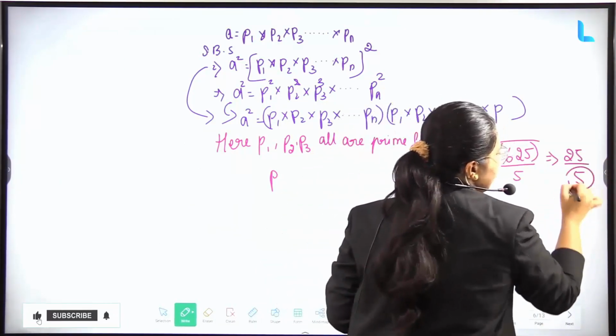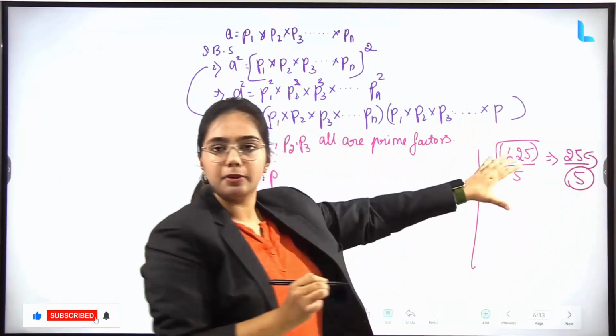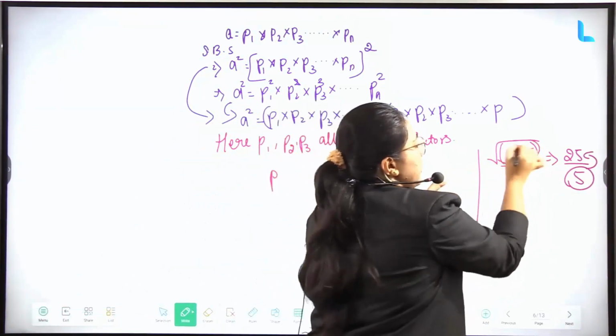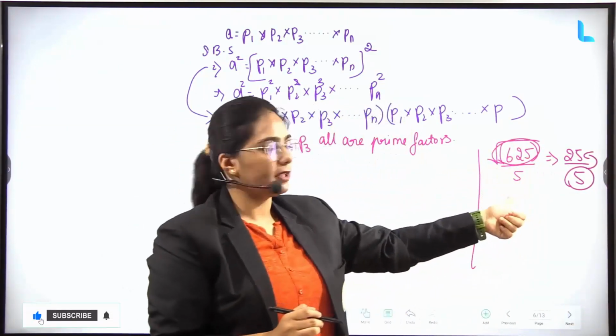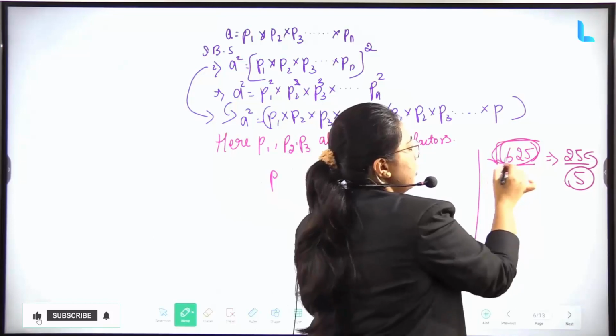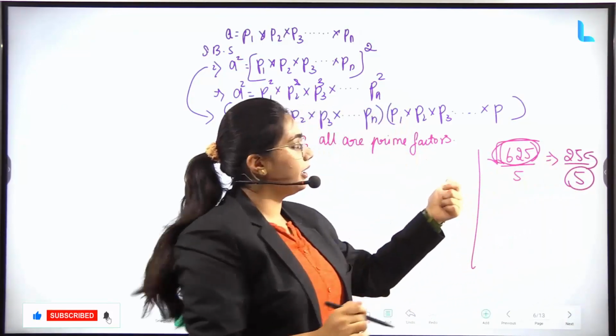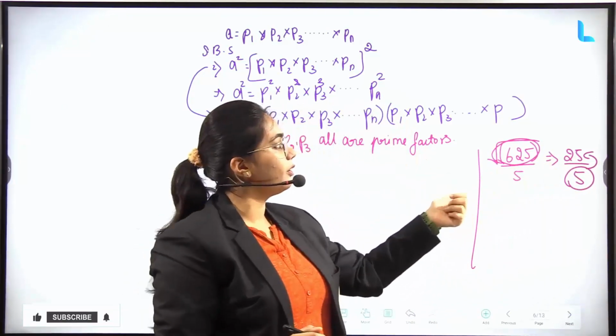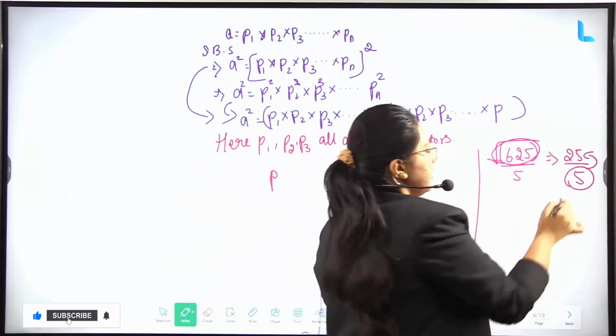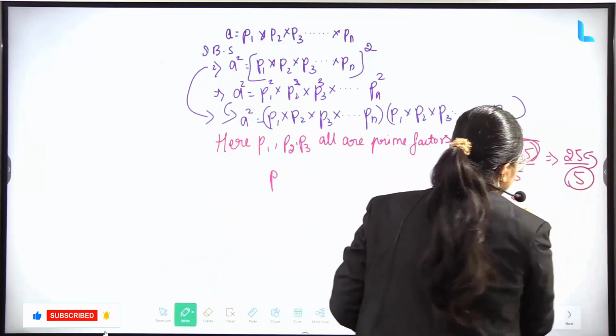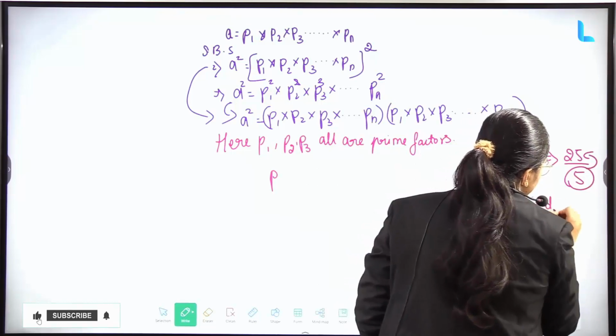See, the whole thing, 5 is something which is divisible by 5. 625 is a number that is already divisible by 5. Even if we just take a square root of that, we'll be getting 25. 25 square is 625. If we take the square root of that, we'll be getting 25. Here 5 square, 25 is divisible by 5.